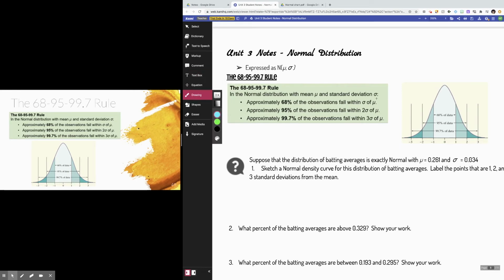That's what this means: one standard deviation of the mean.